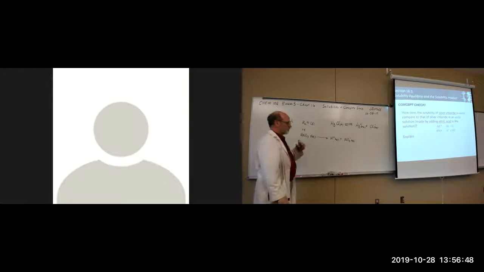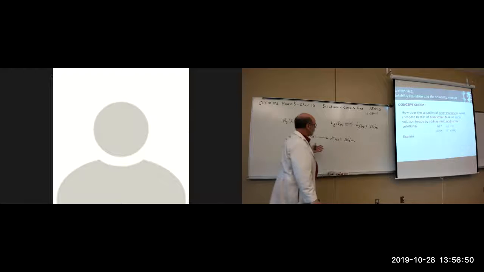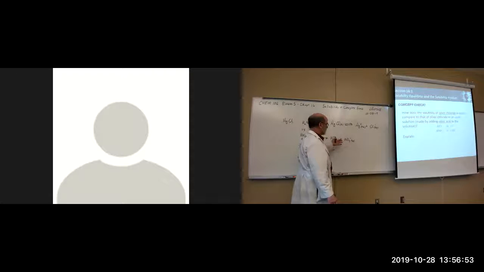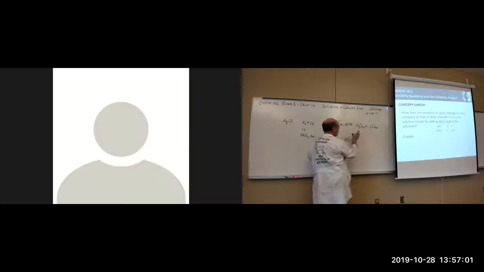So the question then is, are there any common ions in here that can influence the equilibrium? Right? When we put these in solution with those, what happens to this equilibrium? That's the question. Do we make more of this go into solution because of adding this?